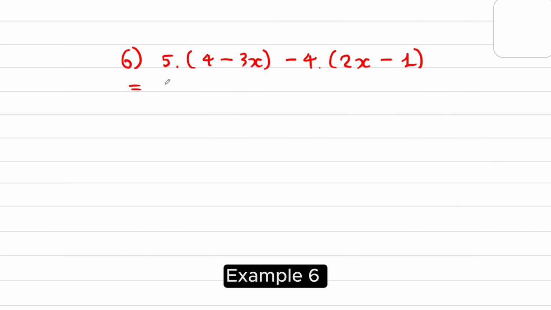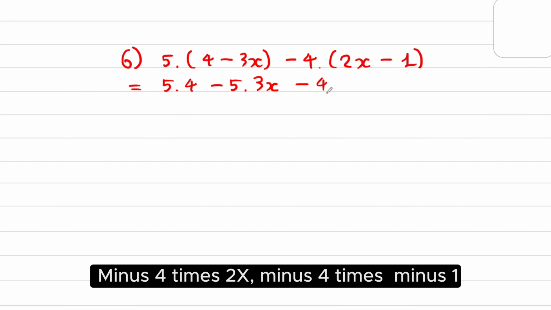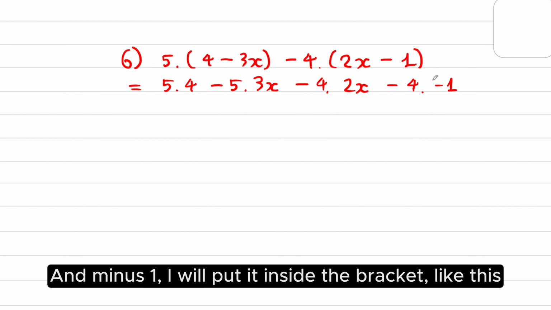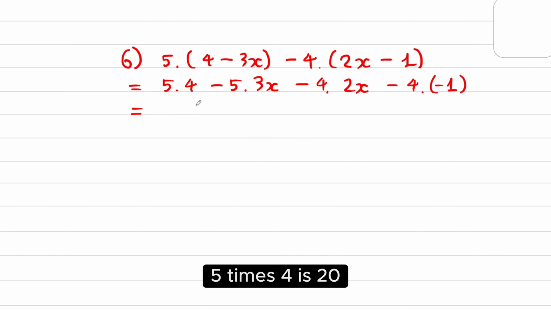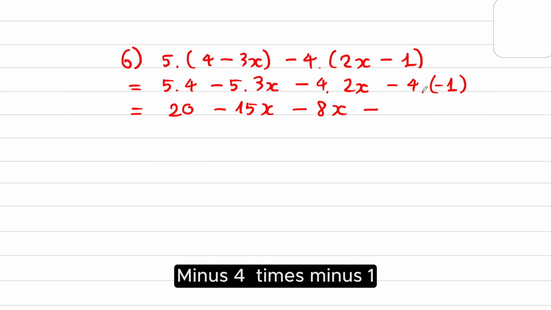Example 6. 5 times 4 minus 5 times 3x minus 4 times 2x minus 4 times minus 1, and minus 1 I will put inside the bracket like this. 5 times 4, 20, minus 5 times 3, 15x, minus 4 times 2, 8x, minus 4 times minus 1, you got plus 4.